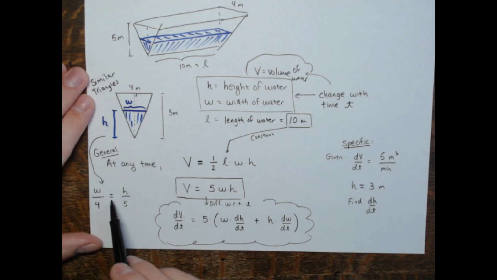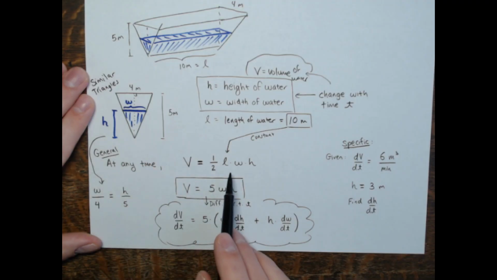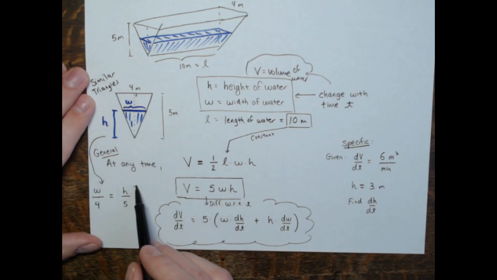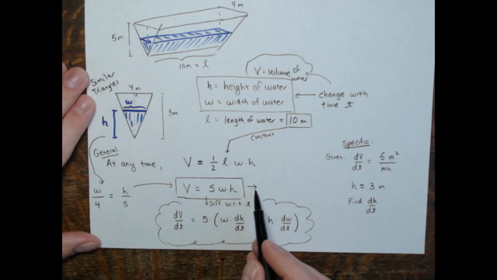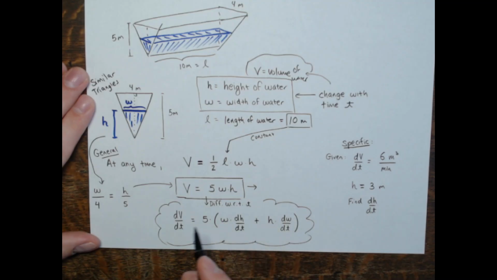So you see there's a relationship here between the width of this water triangle and the height. And so I can go back into this volume equals 5 times width times height equation. I can write this solely in terms of H, and then I won't even need W or W prime.